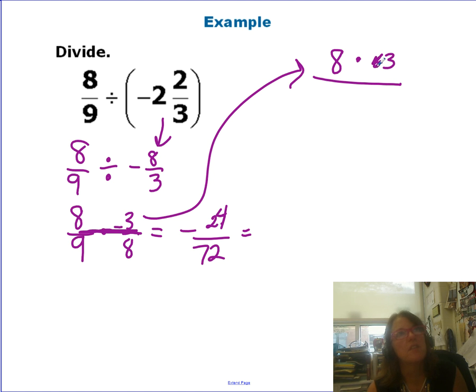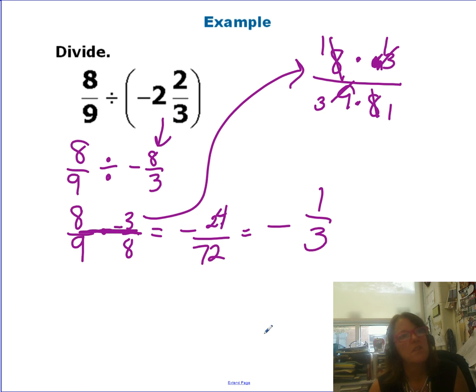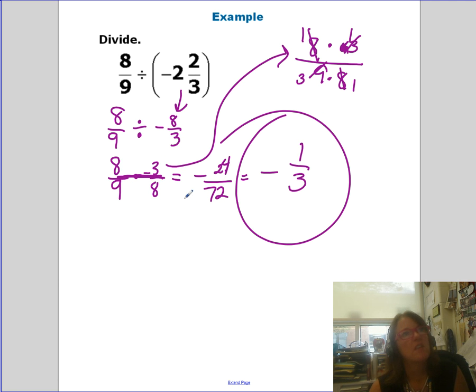Let's say I already know my answer is negative. 8 times 3 on top, 9 times 8 on the bottom, and simplify this right away. 3 can go into 9 3 times. And look at that, numerator is 1, denominator is 3. Your answer is -1/3. Easy.